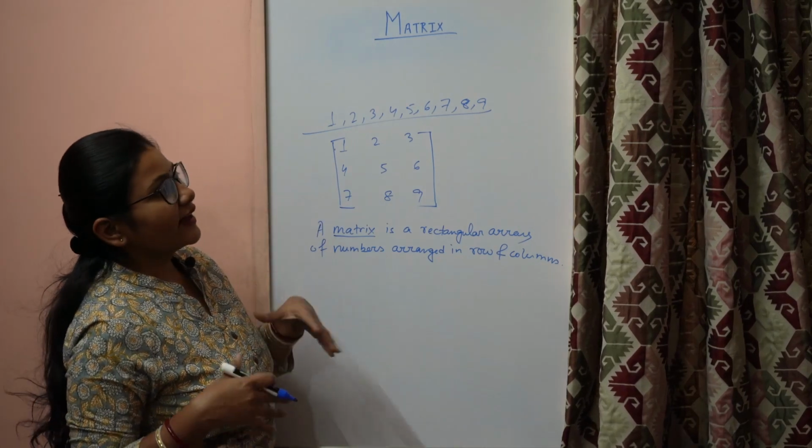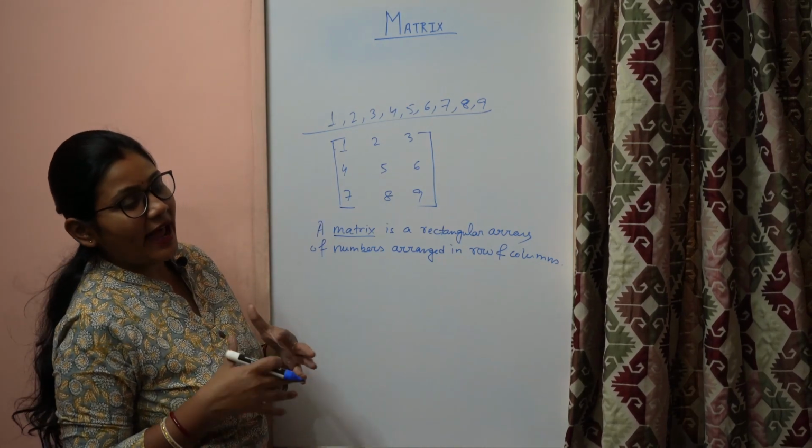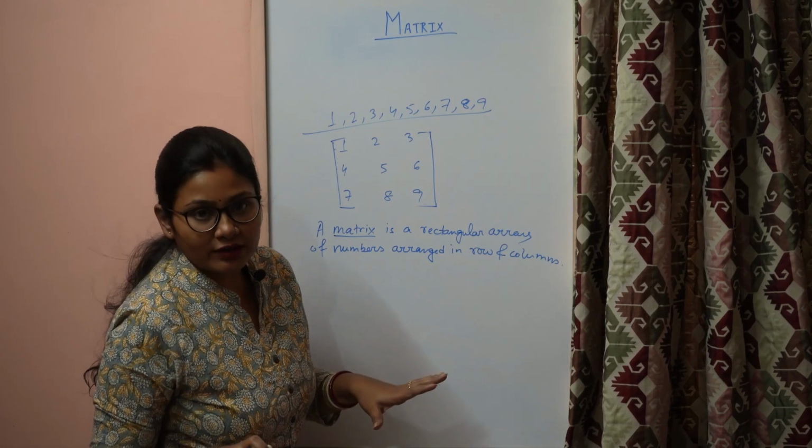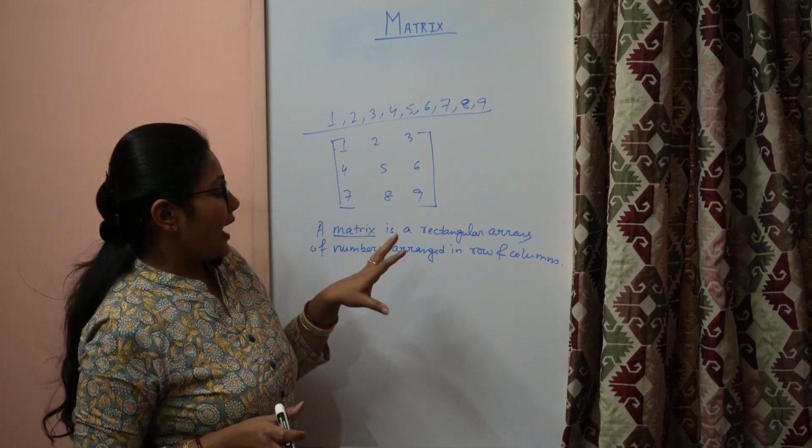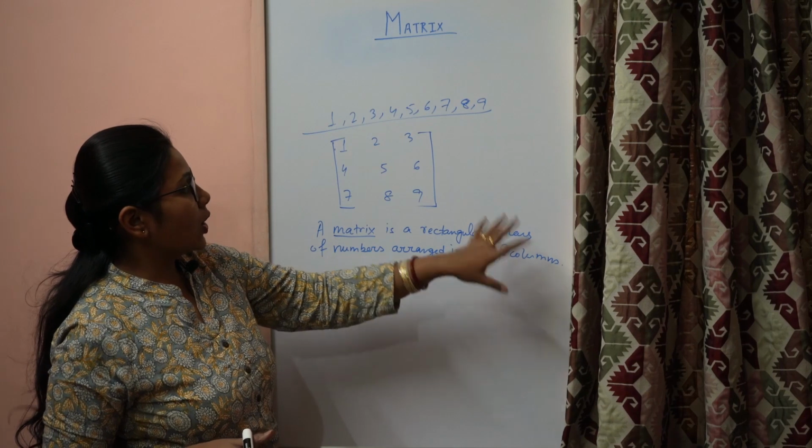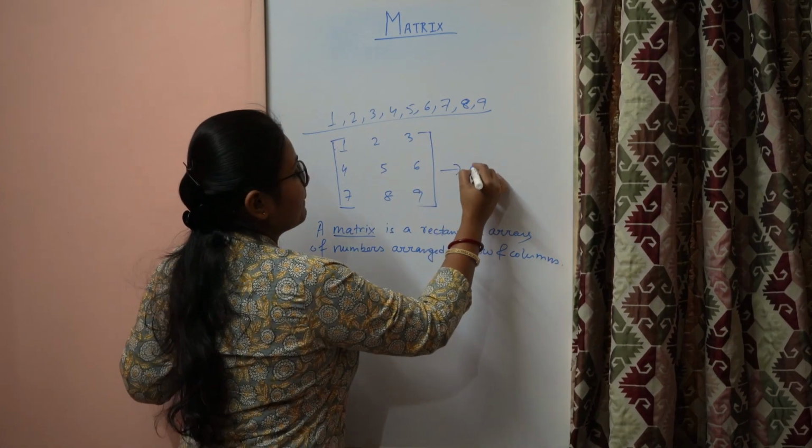So when that array is arranged in rectangular form, with rows and columns, that is called the matrix. This is one matrix.